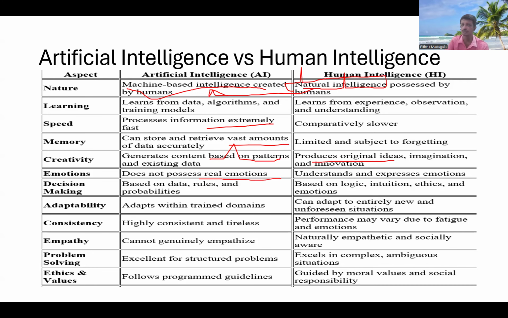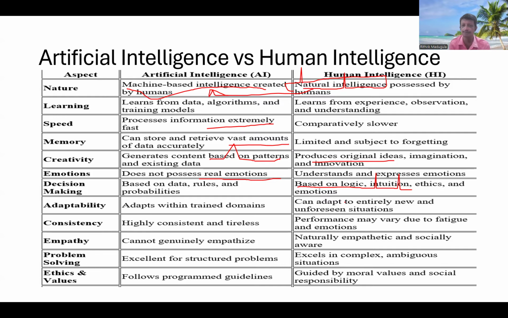AI is not going to give emotional aspects. It cannot understand all these things, but we can have all of them. The main things that we have are logic and intuition. These two things we cannot completely rely on artificial intelligence for.